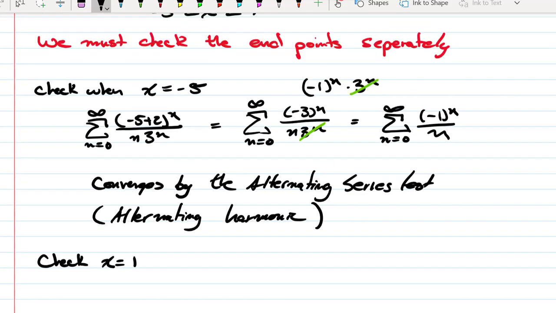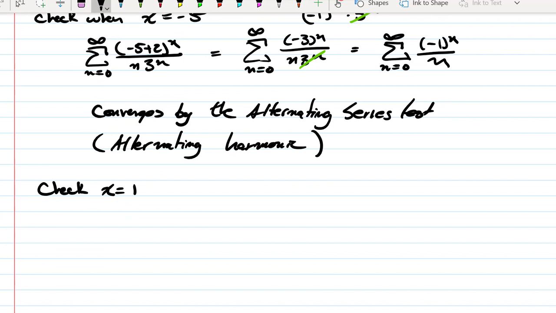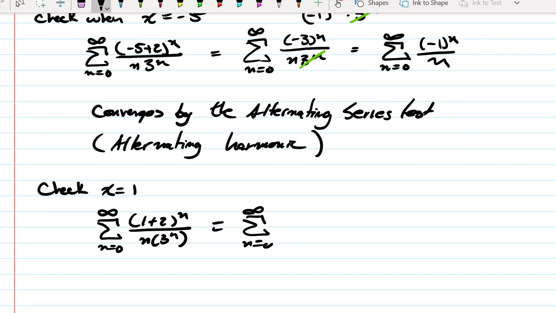and now we need to check when x equals 1, which is the other endpoint. If we plug x equals 1 in, that's going to be the sum as n goes from 0 to infinity of 1 plus 2 to the n all over n times 3 to the n, which is going to be the sum of 3 to the n over n times 3 to the n.